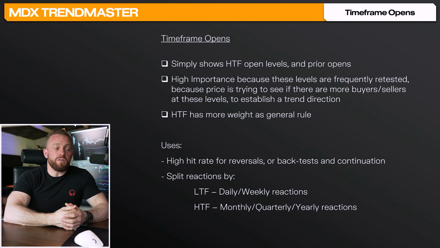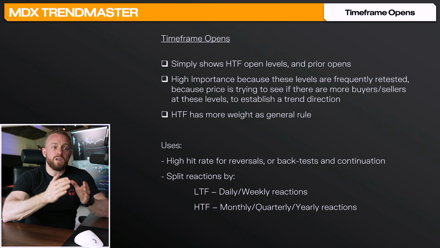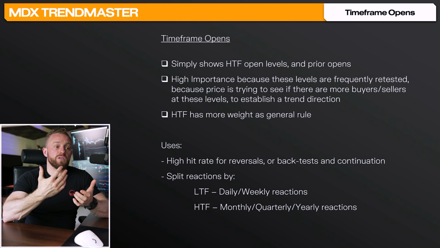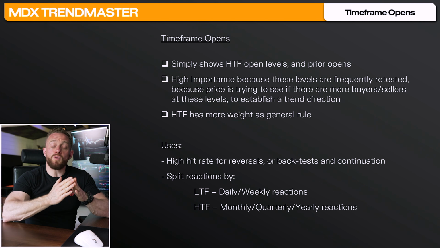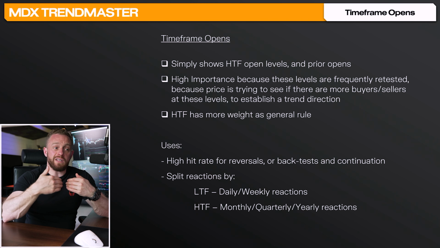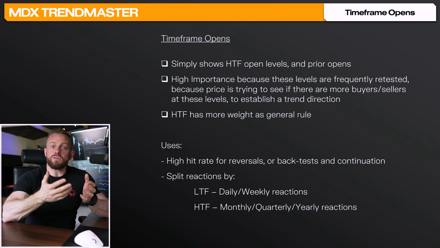But these do have a high importance because these levels are frequently tested and retested, because essentially price is trying to see if there are more buyers or sellers at these levels to then establish a trend direction, either reversal or continuation.